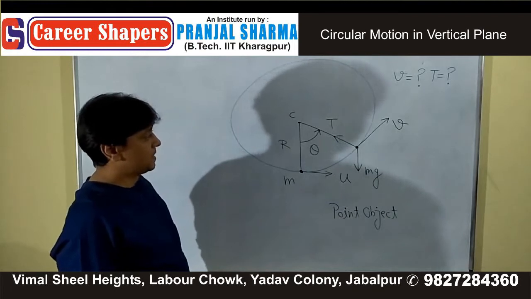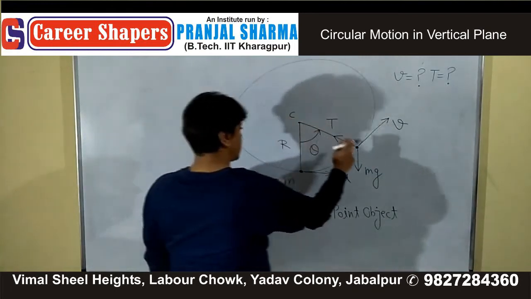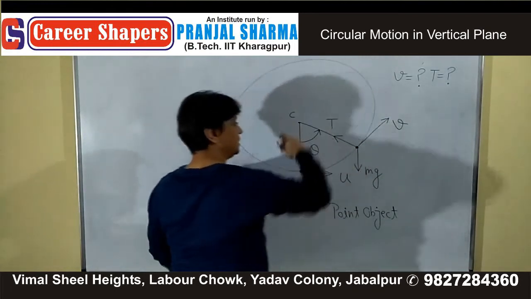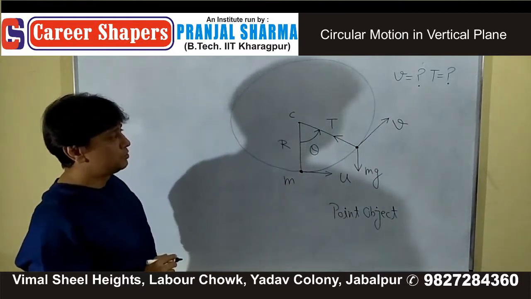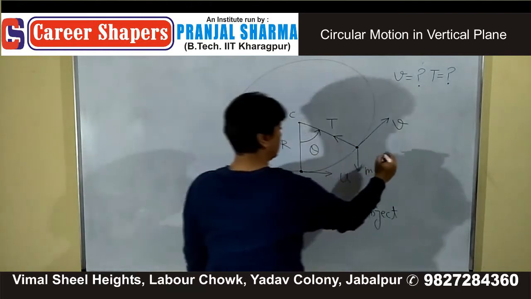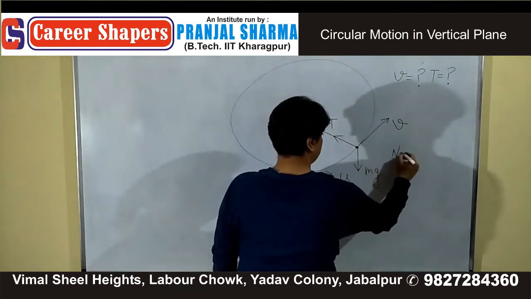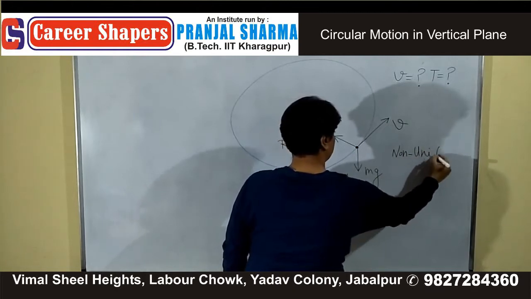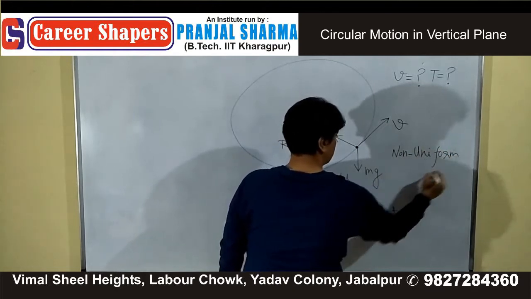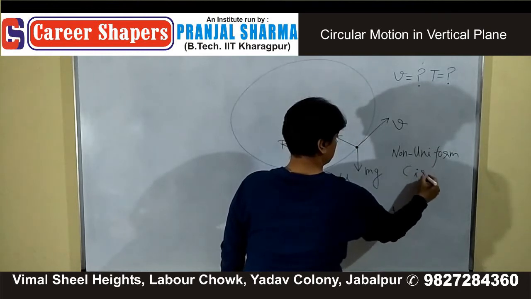Now, as I told you, this is a case of non-uniform circular motion. When you talk about circular motion in vertical plane, it becomes non-uniform circular motion.